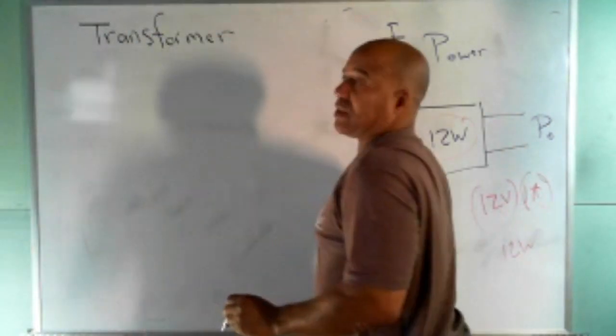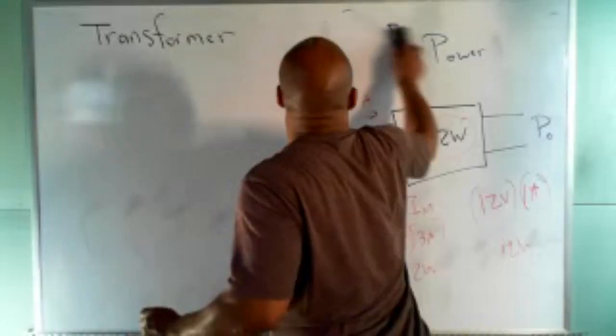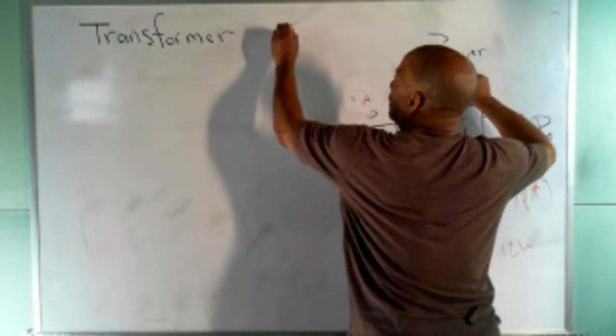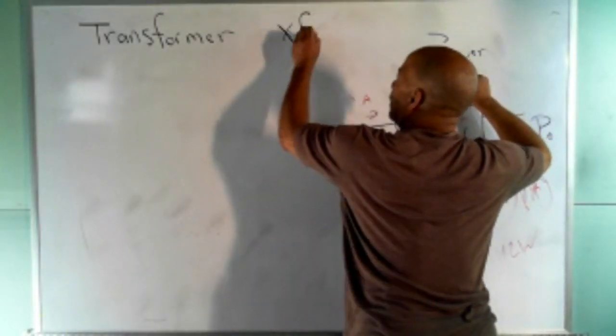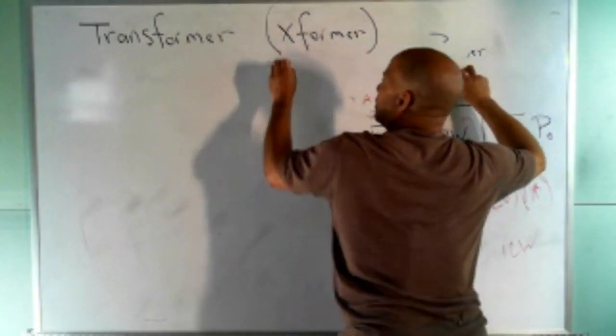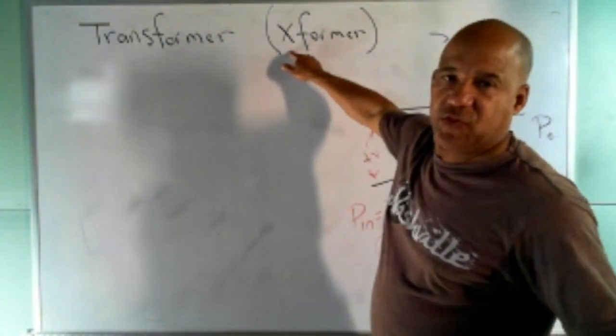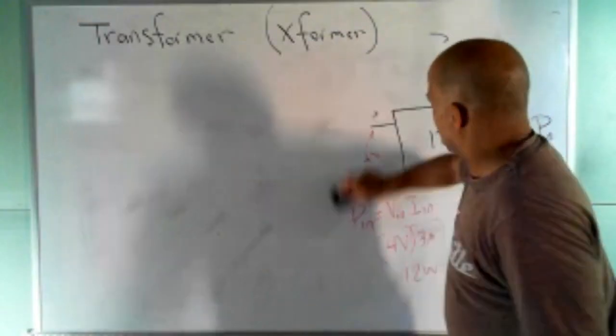Sometimes they'll abbreviate this like this, and sometimes electrical engineers write it like that: X-former, transformer. It's kind of like a little shorthand thing.